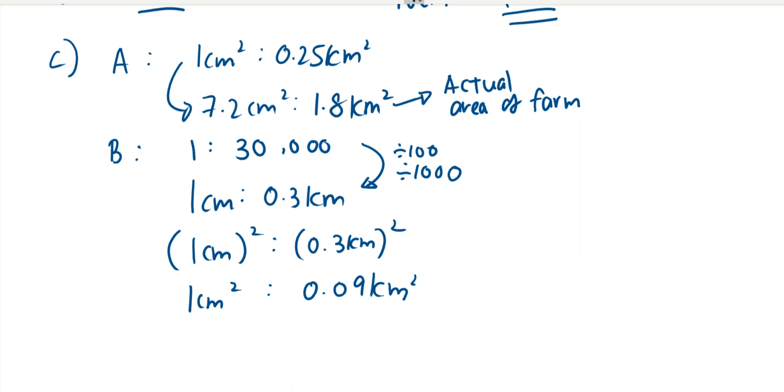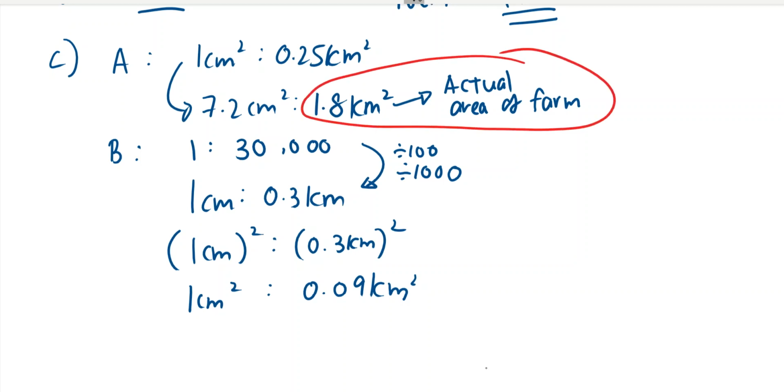So this is my scale for map B. Now what doesn't change? The actual area. So I look back at my actual area. My actual area is 1.8 km square, and actual should be on the right side. 0.09 multiplied by what will give me 1.8? I use 1.8 divided by 0.09.